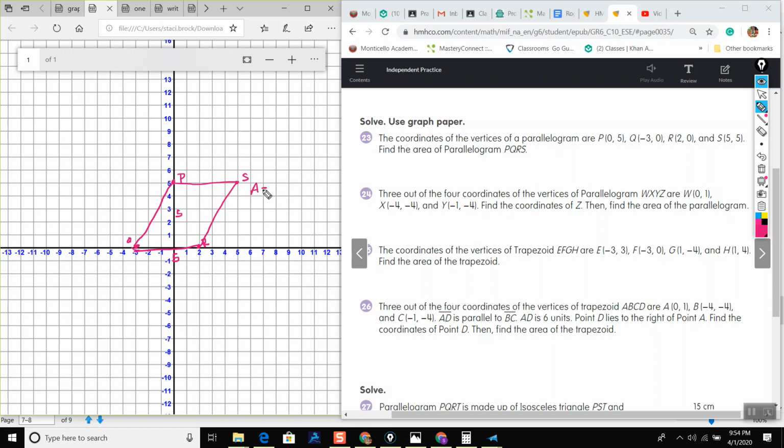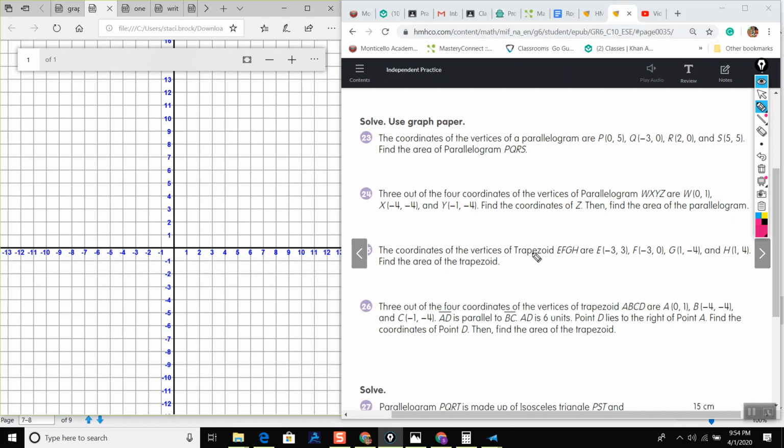So area is equal to base times height. Area is equal to 5 multiplied by 5, or the area is 25 units squared. Okay, done. Let's go on to number 25 here.